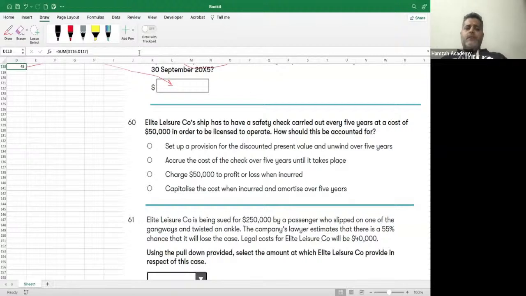So what is the correct option? The correct option is going to be D over here, and that is that it has to be capitalized. We are going to capitalize the cost when incurred, and then we are going to amortize it over the 5 years.